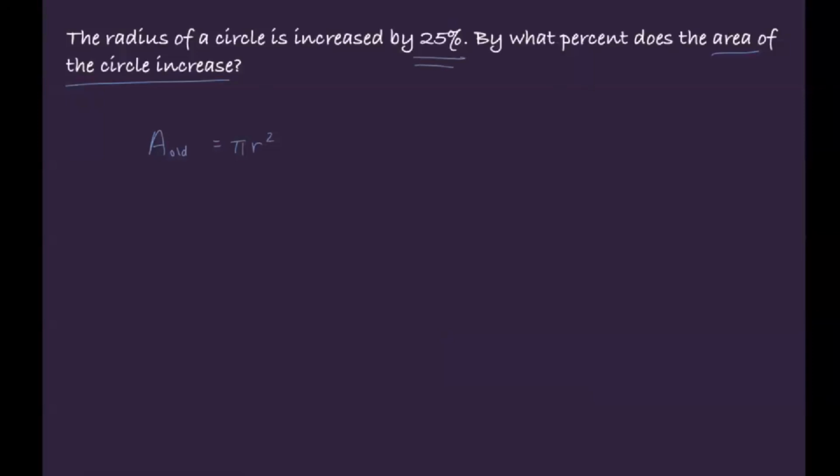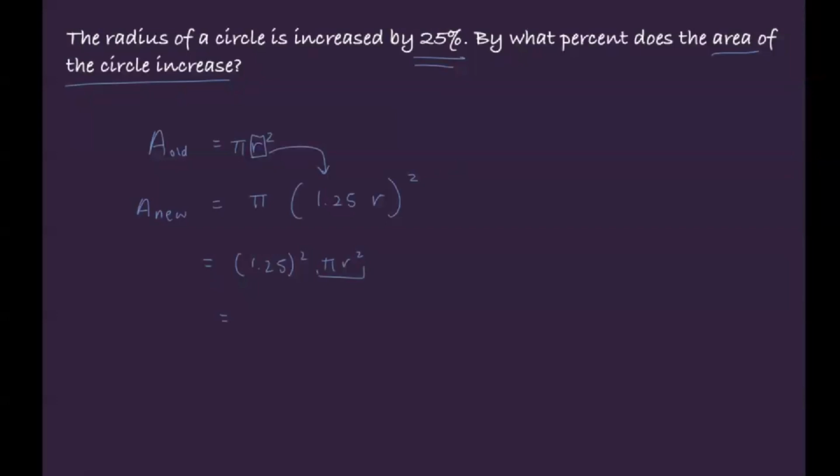Since it's increased by 25%, A new will equal pi times (1.25 r) squared. So we're just replacing this r with this new r. And that will be 1.25 squared times pi r squared.